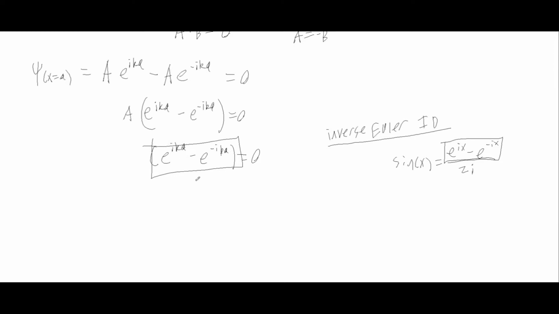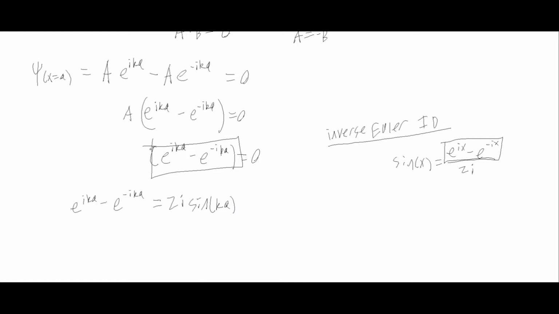So we just do some rearranging. You essentially just multiply both sides by 2i. We then have that e to the i k a minus e to the minus i k a is equal to 2i sine of k a.